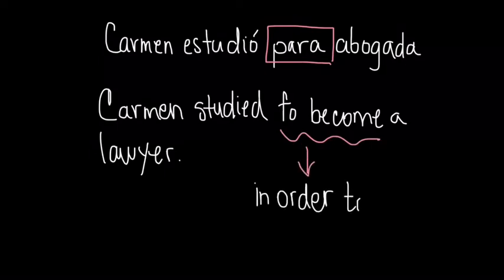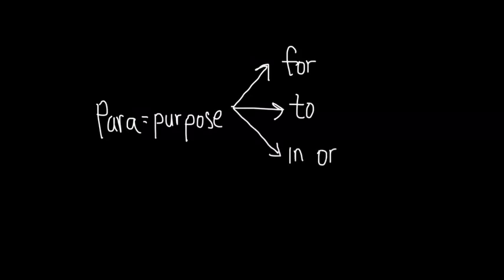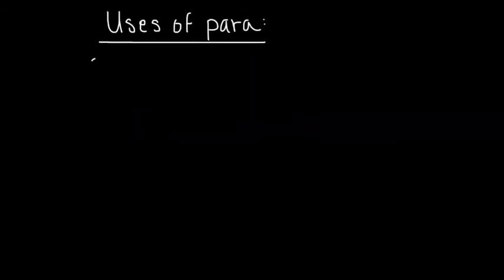So in English, when you want to express in order to do something, you use the word para in Spanish. So basically, when we want to talk about the purpose of the event or object, then the equivalent in English will be for, to, or in order to.